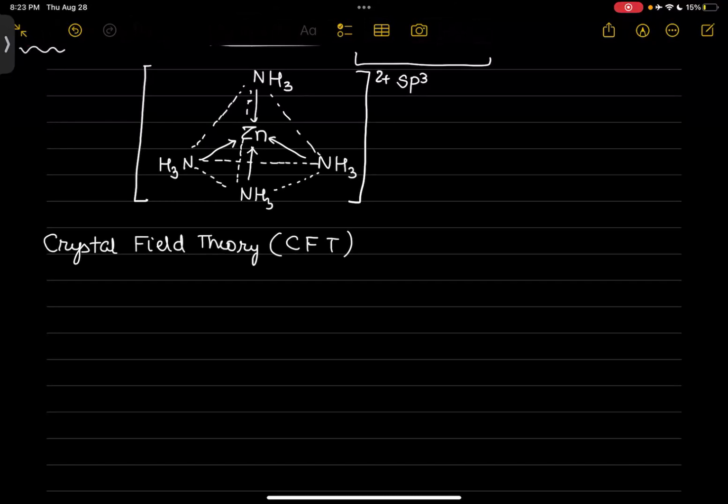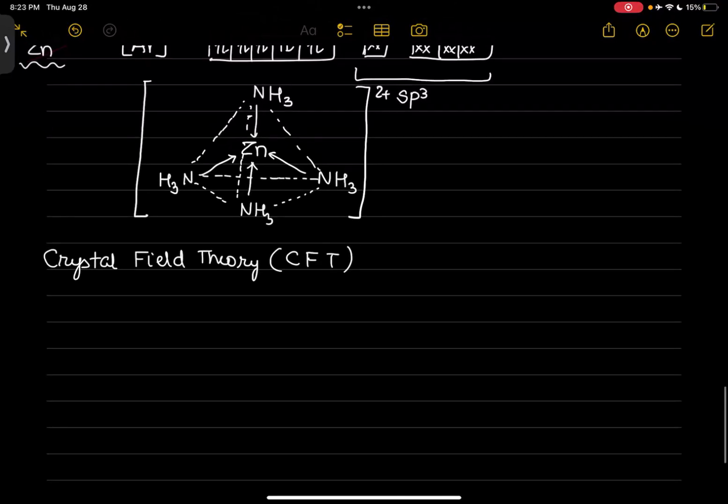One thing which is missing in the VBT, valence bond theory, is why the strong field ligands force the unpaired electrons to pair up. That we have not seen. We have not seen the energies of the d orbitals, how they change in the presence of ligands, what happened to the energies of the d orbital.